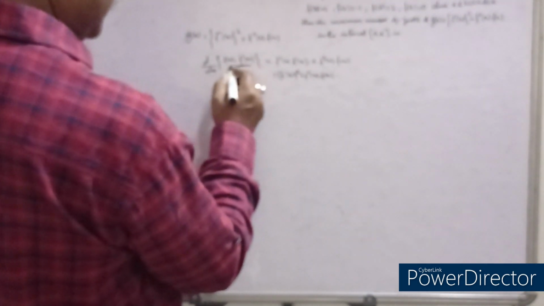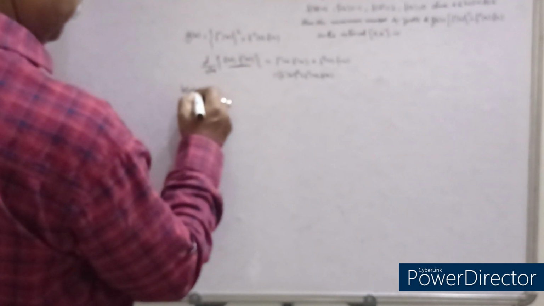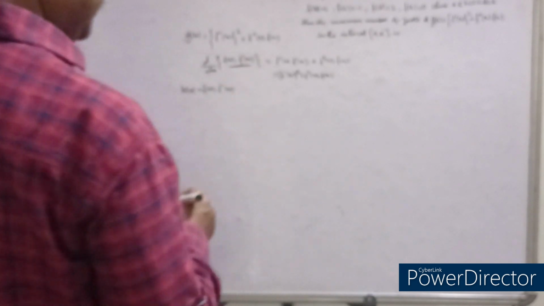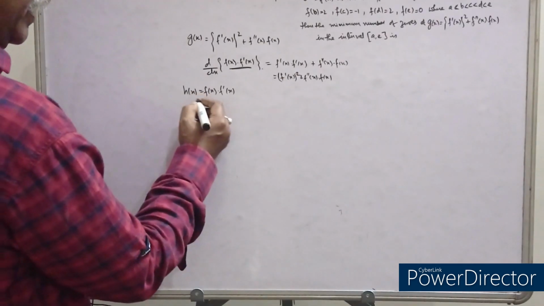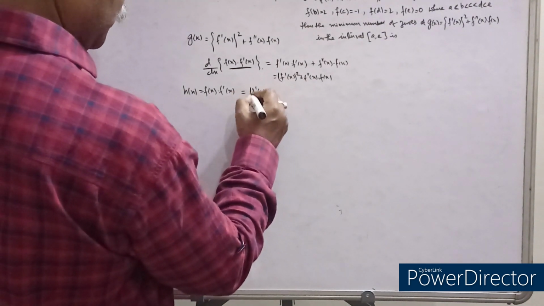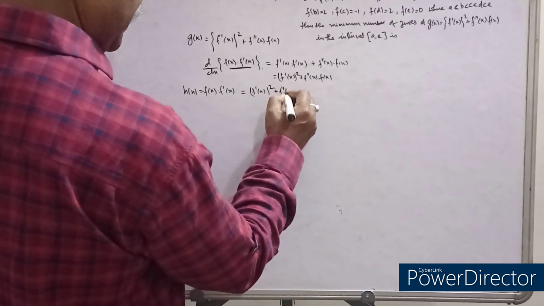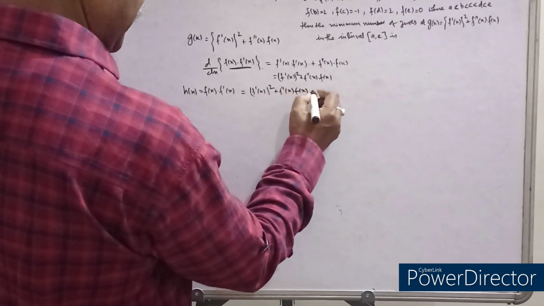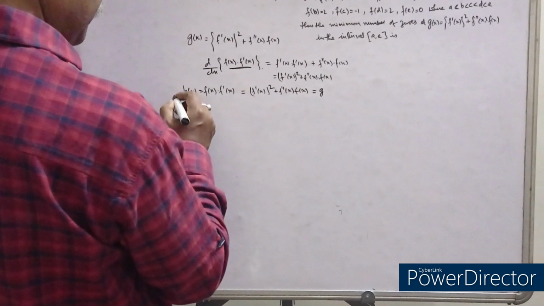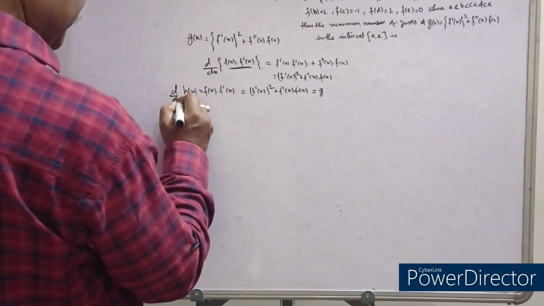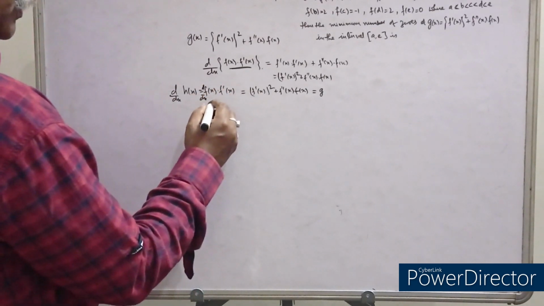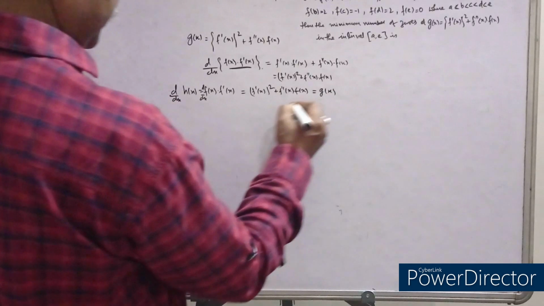Let us consider this as function h(x) is equal to f(x) into f'(x). The derivative of h(x) is (f'(x))^2 plus f''(x) f(x), and this is equal to g(x).